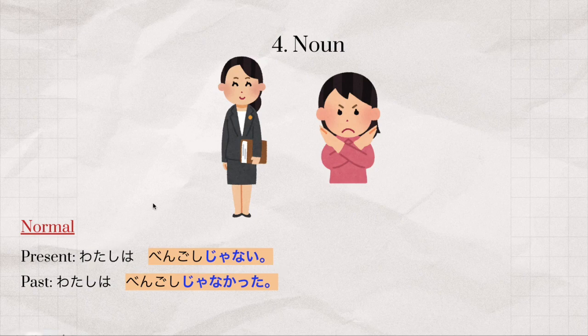In this case, this woman is us, and lawyer in Japanese is 弁護士. So let's try to say this in normal past. It will be 私は弁護士じゃなかった.